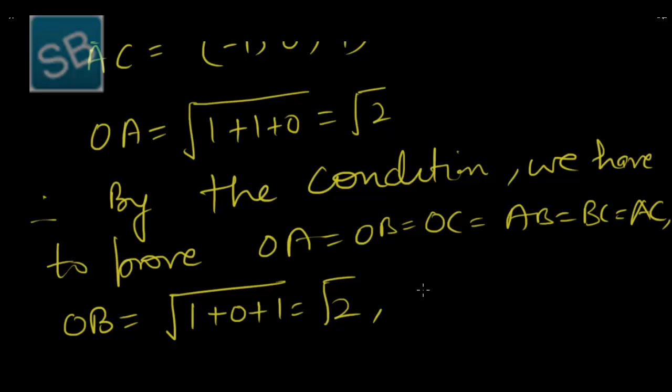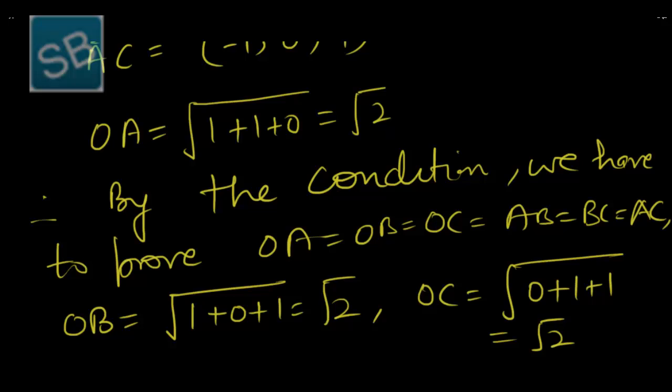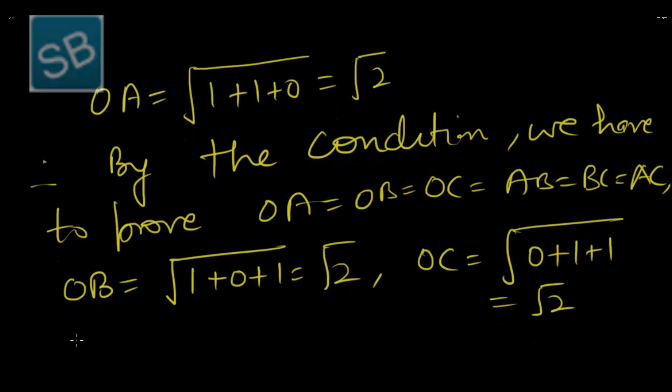Now the turn of OC, that is under root 0 square plus 1 square plus 1 square, that is again under root 2. Now the turn of AB: AB is under root 0 plus 1 plus 1, that is under root 2.